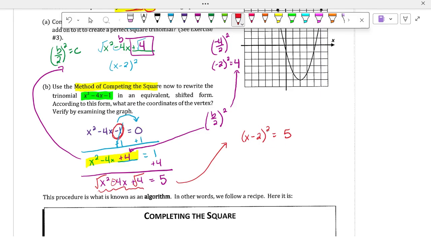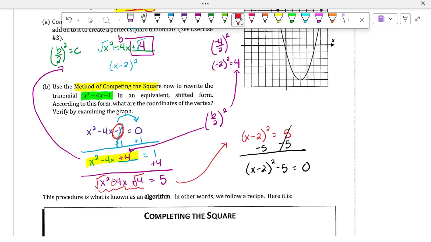The only problem is that we don't have our k value yet. But that's okay because we still want one side equal to 0. So to do that, I'm just going to subtract the 5 over. And my vertex form would be x minus 2 squared minus 5 is equal to 0.